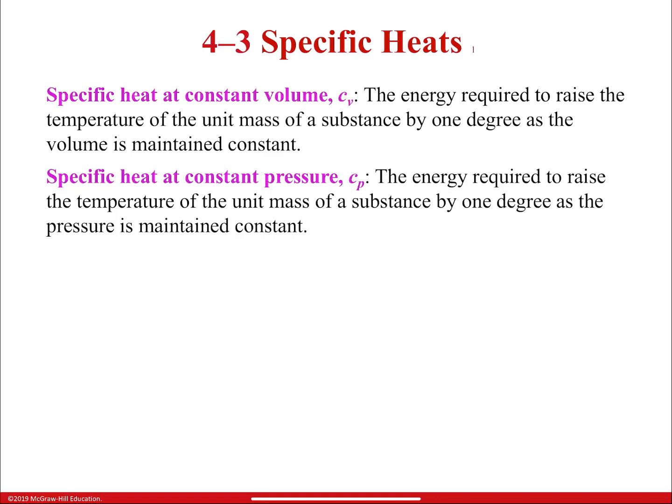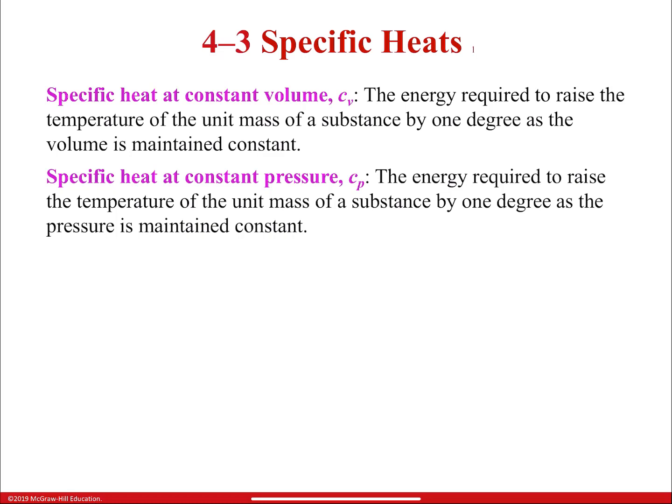If you remember pure substances such as water or refrigerant 134a, in the previous chapter, when we had those substances, we would get into the tables with pressure and temperature, and then we would get internal energy, enthalpy. In the future, we'll get entropy as well from those tables. But when we have ideal gases, it's a little bit different, and actually, it's a little bit easier, if I'm honest with you. So, let's just define specific heats.